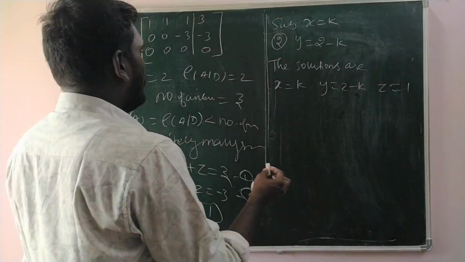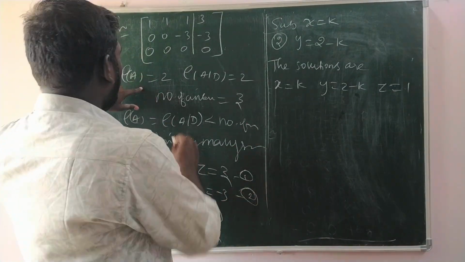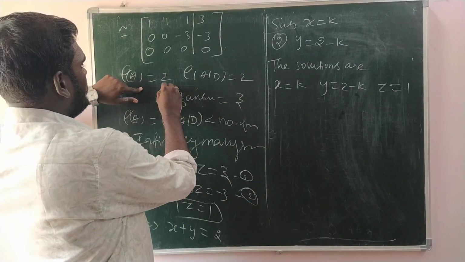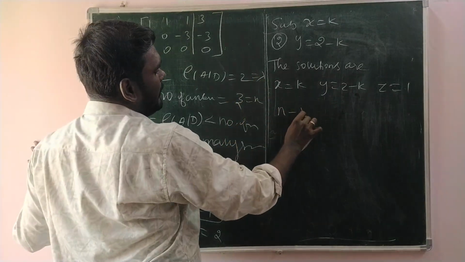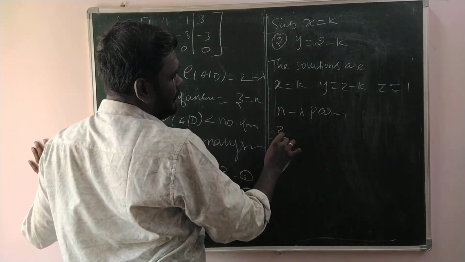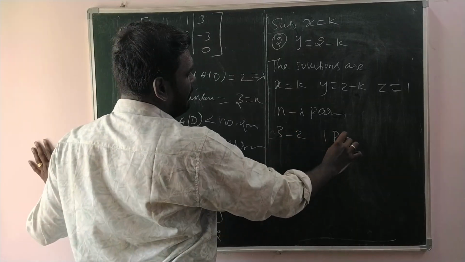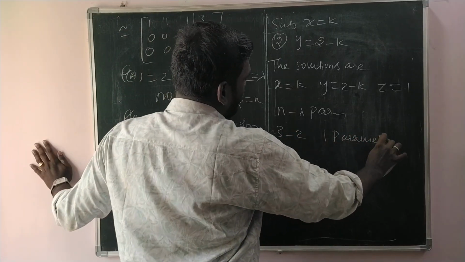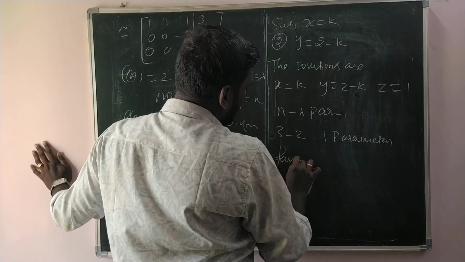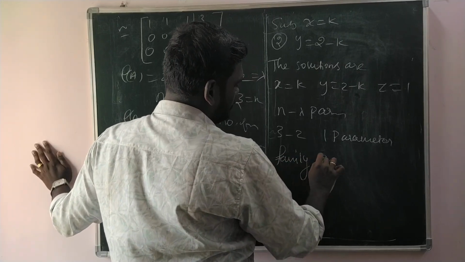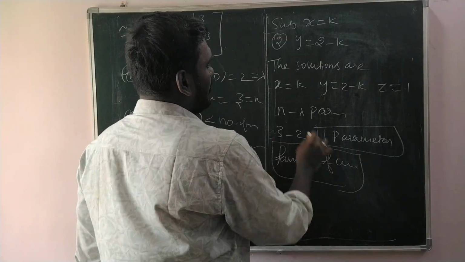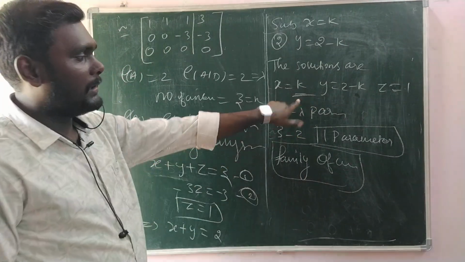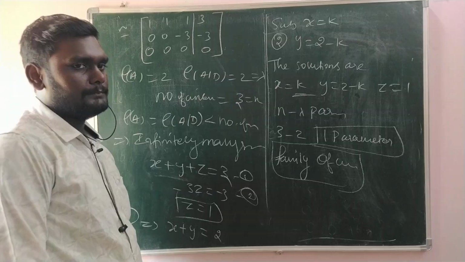In the case of infinitely many solutions, this is n. So n minus lambda parameters means here 3 minus 2, a 1 parameter family. What is a 1 parametric family? This k is the parameter.